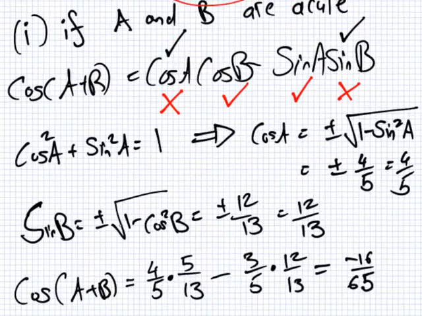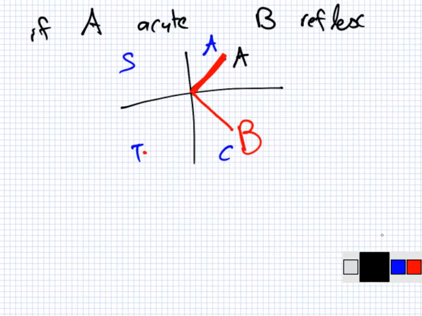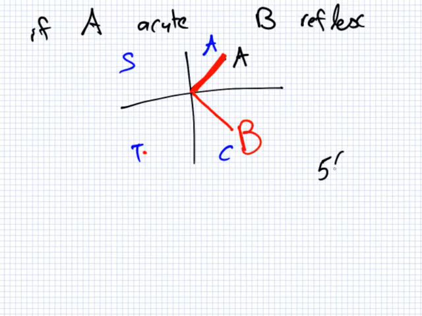So that means I should change this to a minus, which means this here becomes a plus instead of a minus. So now I'll get 36 plus 20, which is 56 over 65. So I don't need to redo this problem. The answer this time will be 56 over 65.